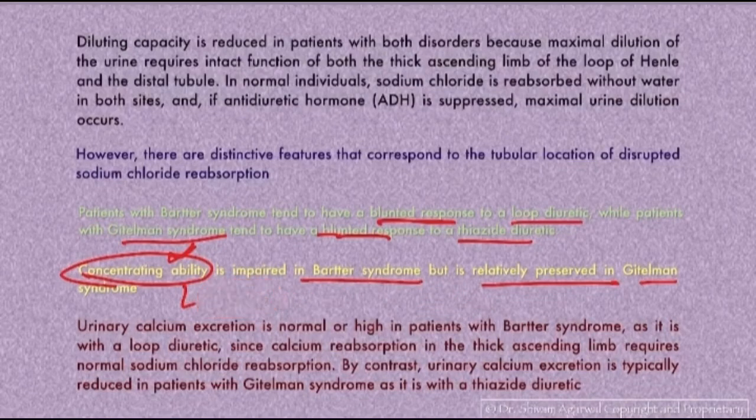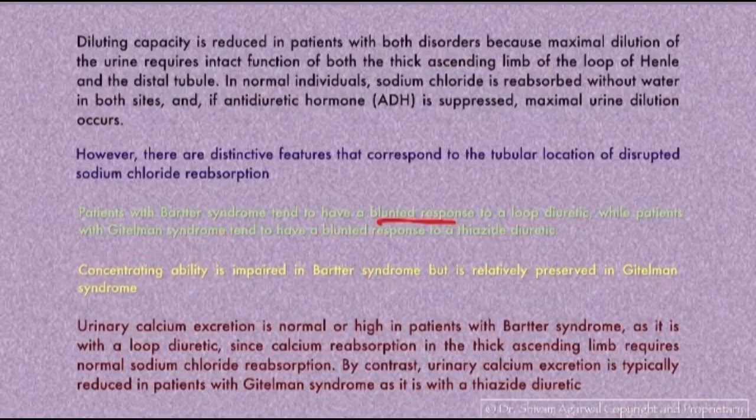Okay, the urinary calcium excretion is normal or high in patients with Bartter syndrome. So you can understand now why the urinary calcium excretion is normal or high, because calcium is not absorbed from the paracellular pathway, as it is with the loop diuretics.